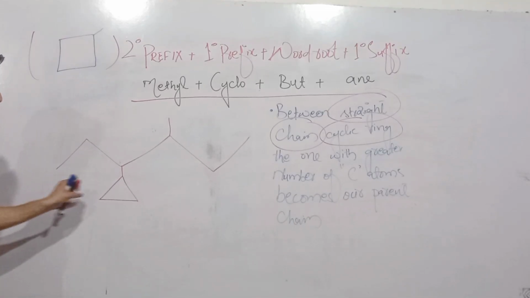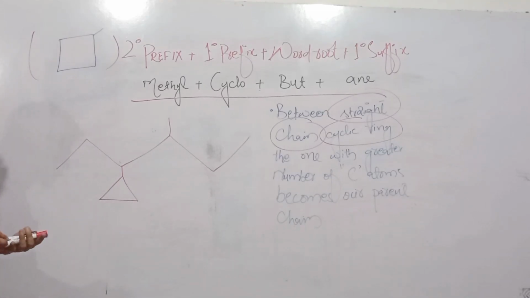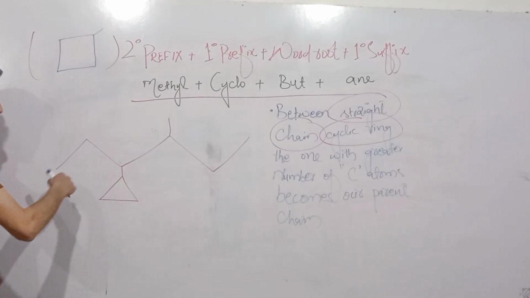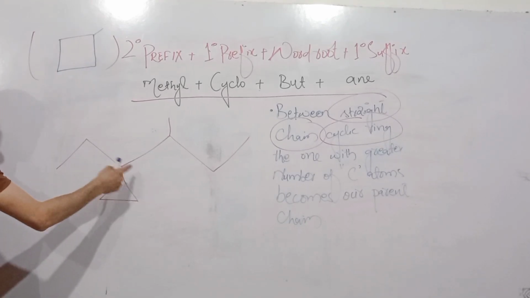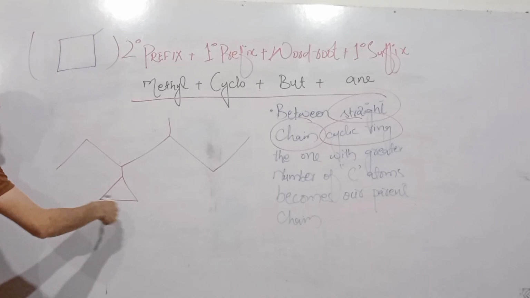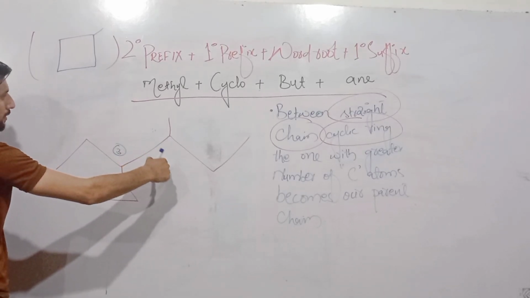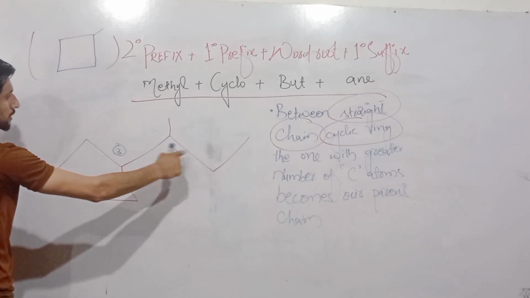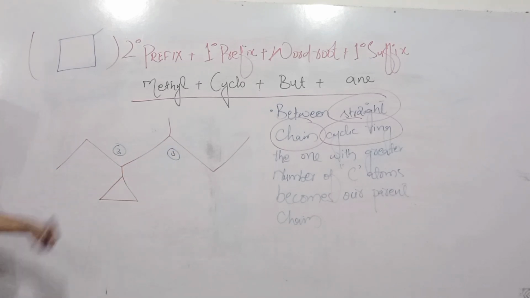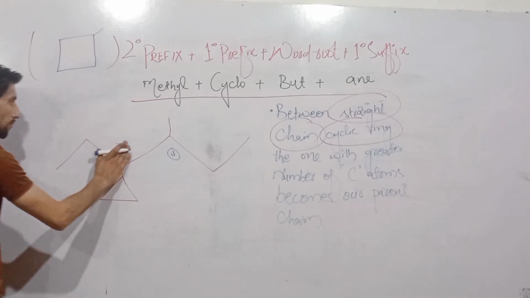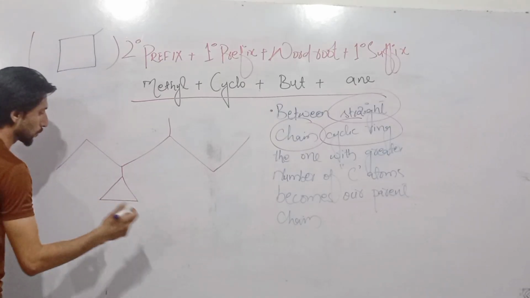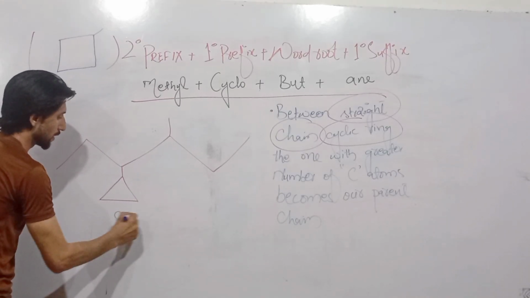Now in this case, you have to name this compound. We can name this compound either from this side or this side. From this side, the cyclopropyl gets carbon number 3, and from that side, the methyl group comes at number 3. So which one should we choose? Here we should look at the alphabetical order as we have learned.